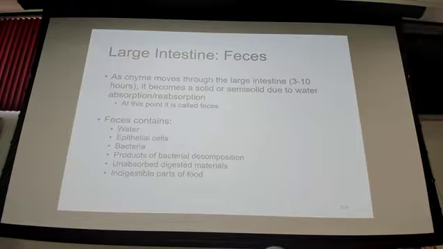Yeah. And feces becomes, when it becomes semi-solid, around the time it gets to the end of the sigmoid or so, is that really that important? But that's where it's technically called feces. And it contains a bunch of crap.